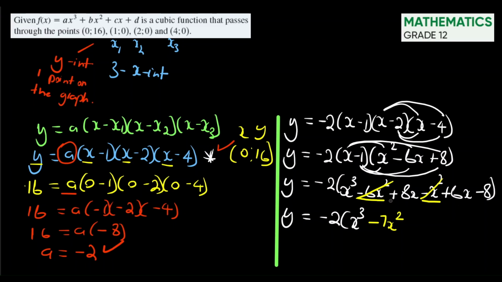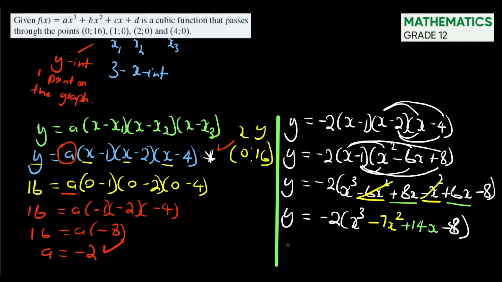Now we have +8x and +6x, so we just add them together. +8 plus +6 would give us +14, and they are labeled x. And we have lastly -8. And remember, all of this is in brackets. Remember, there's a -2 on the outside.